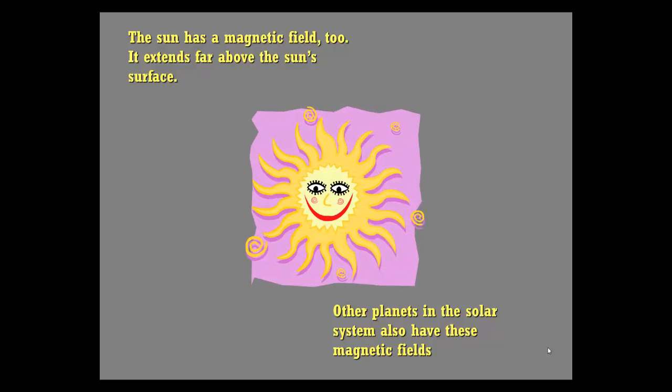Now, the sun and all the planets also have magnetic fields. And the reason they have those magnetic fields is because they all have three things in common: iron, cobalt, and nickel. When you have a star, which our sun is a star, when a star starts to die, there is nuclear fusion going on, and it is hydrogen that is fusing. And as they use up all the hydrogen, then they start fusing helium. And the helium changes into oxygen.